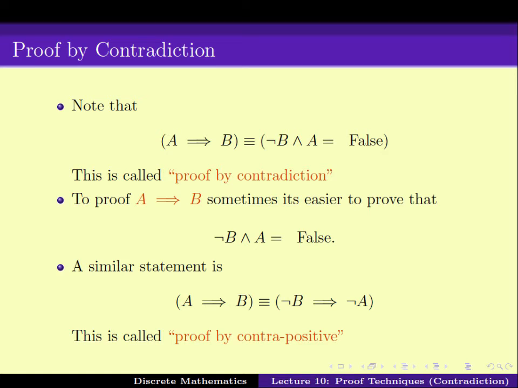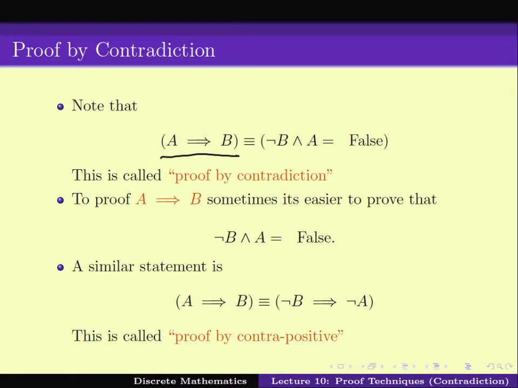So here is the idea. Note that proving A implies B is equivalent to the statement not B and A is false. In other words, to prove A implies B, one can prove not B and A is false.